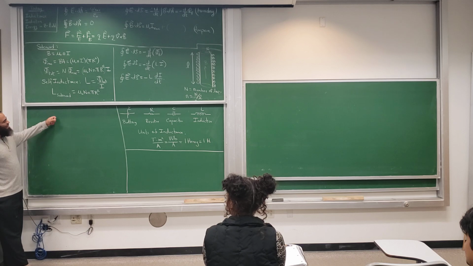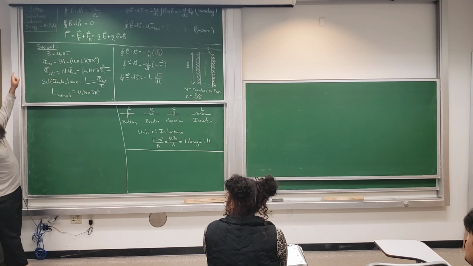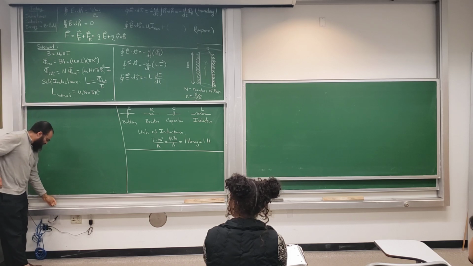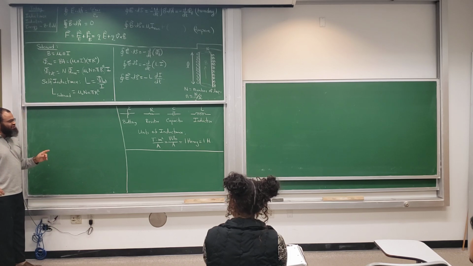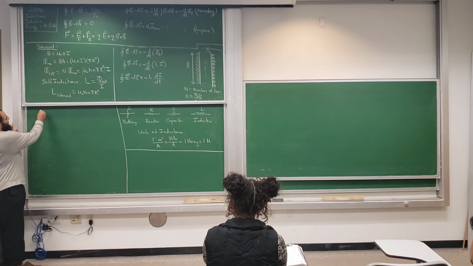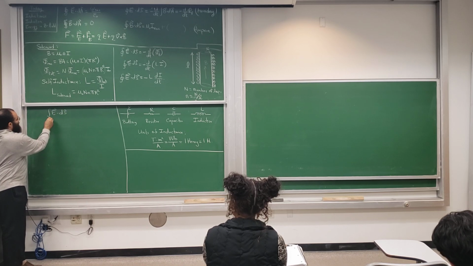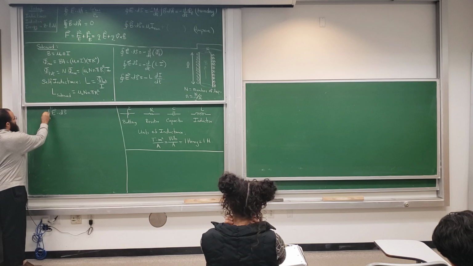Okay, so we will now talk about inductors and the energy stored in an inductor, how much energy is stored in the inductor. But before we do that, let's consider an inductor in a circuit and then ask what happens. We're going to apply Faraday's law. Remember, what is E dot ds going from A to B?